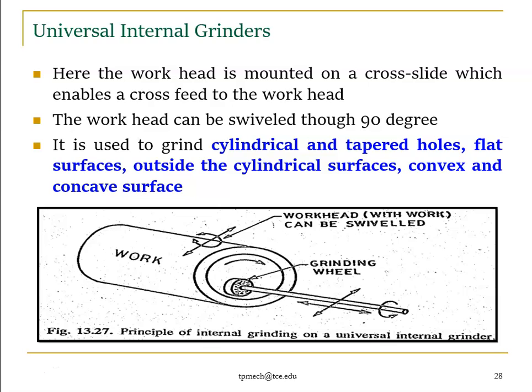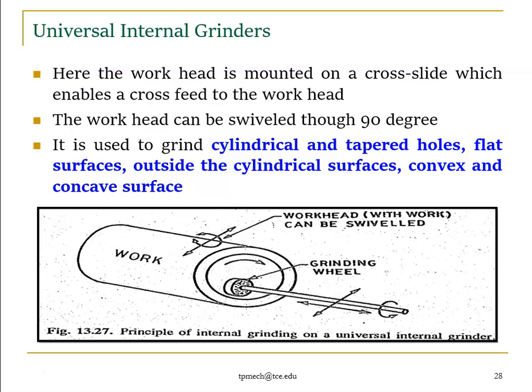The second one is the universal internal grinder. The difference between plain and universal is the work table. In the plain grinder the workpiece has only rotary motion, but here the workpiece has a rotary motion and will also provide some feed. It will move reciprocatingly in crosswise movements. Here the work head is mounted on the cross slide, which enables a cross feed to the work head.